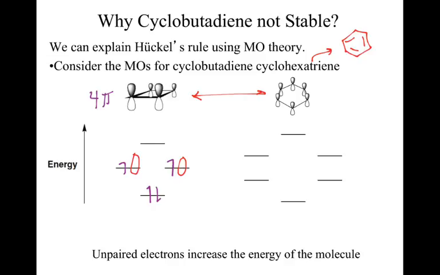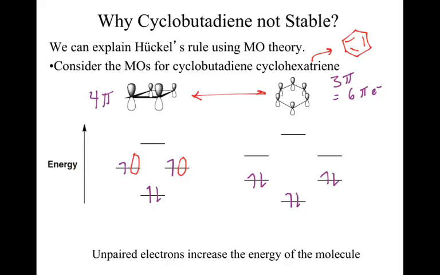Well, what happens in the case of benzene? In the case of benzene, we had 3 pi bonds, which equals 6 pi electrons. We need to place those 6 electrons in. There's 1, 2 at our lowest energy, 1, 2. We're going to have the same issue as we had for cyclobutadiene, except I put in my next 2 electrons.